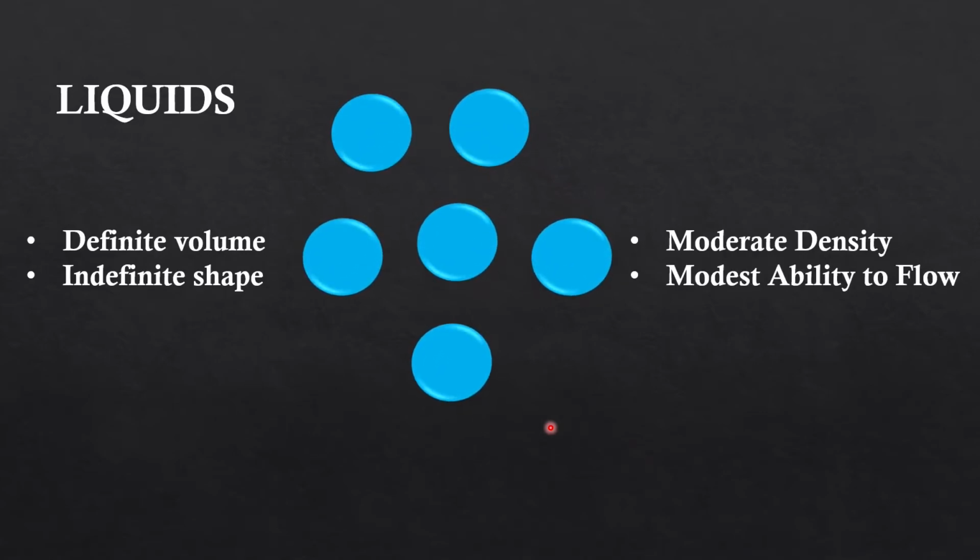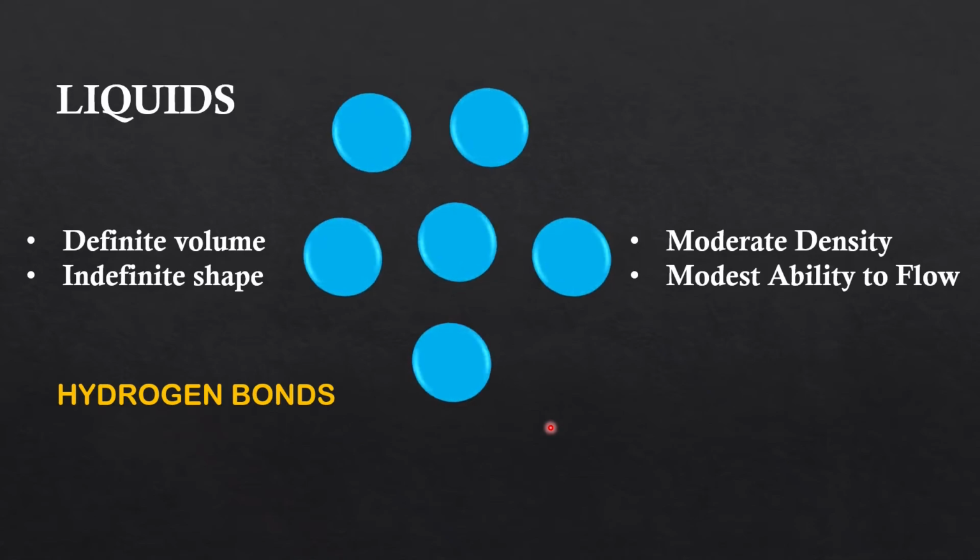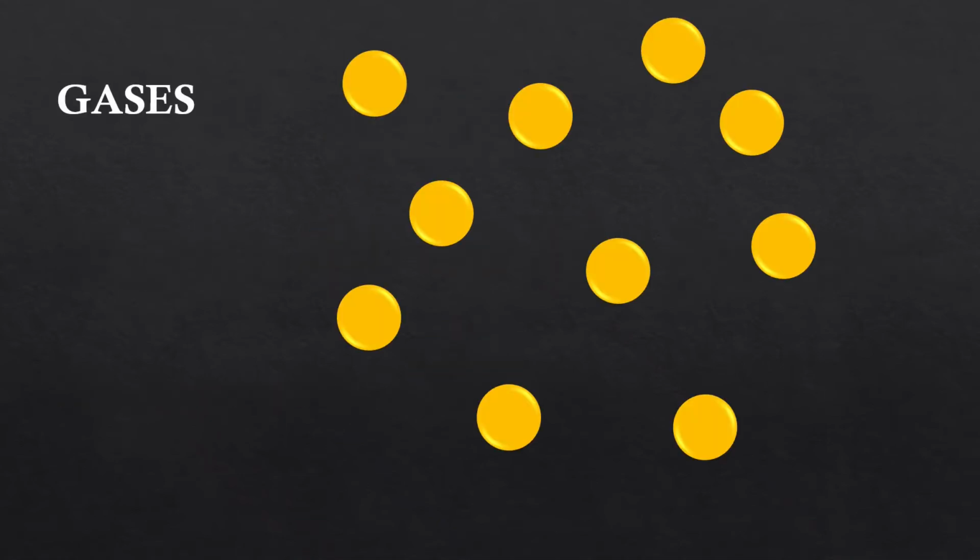The dominant force in liquids, for example water, is the hydrogen bond, which is weaker than the majority of forces in solids. In gases, the intermolecular spaces are way larger, and the forces are weaker and weaker.